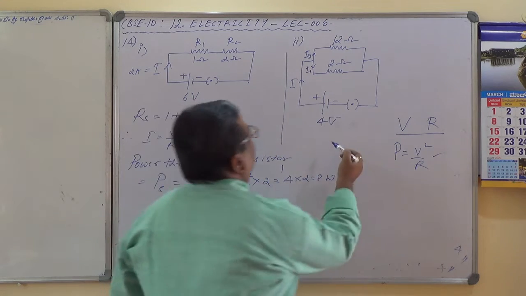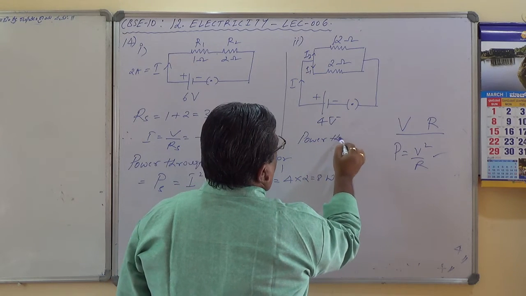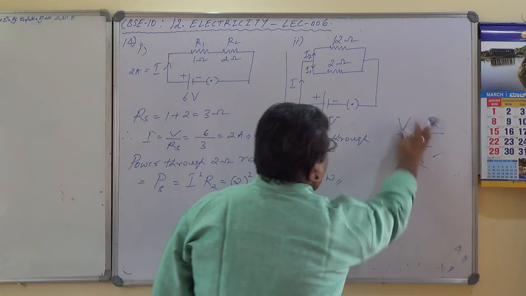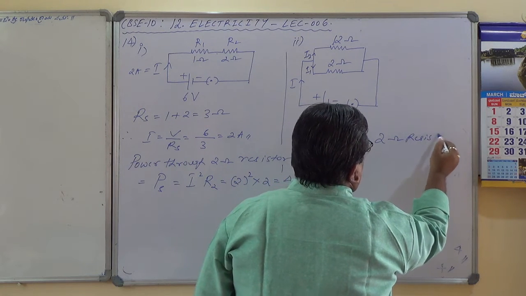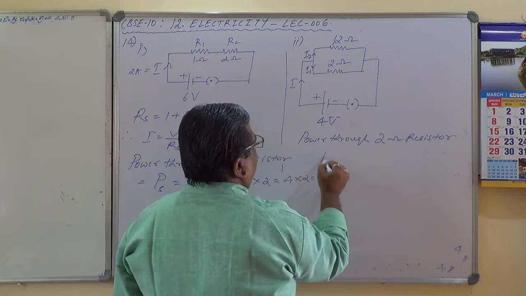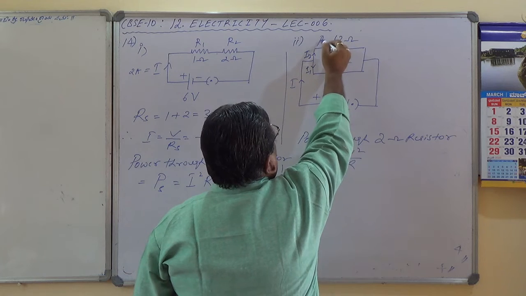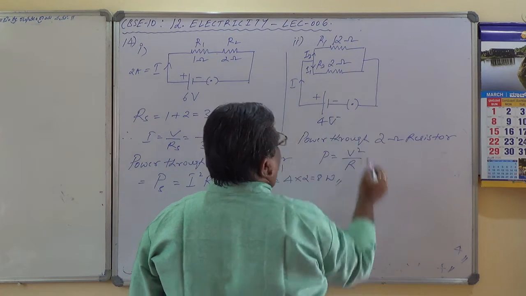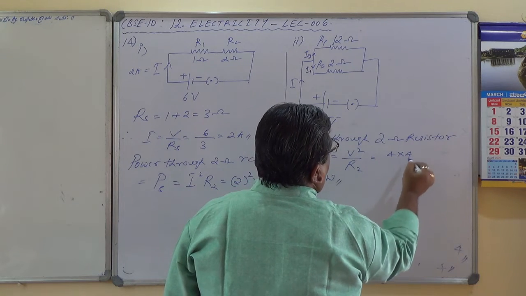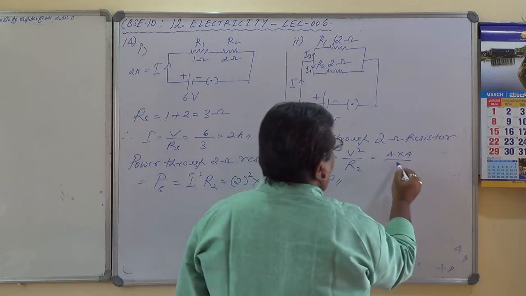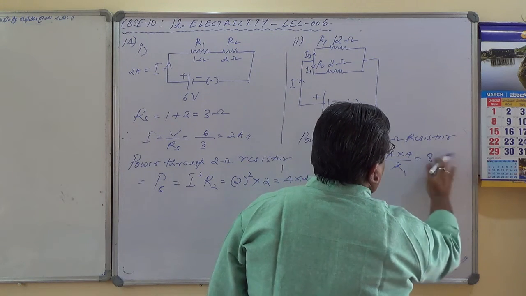So let us check this now. What is the power through the 2 ohm resistor? P equals V squared by R, where R1 and R2 are the two resistors. That gives 4 into 4, divided by R2, which is 2. 4 into 4 is 16, divided by 2 gives 8 watts.